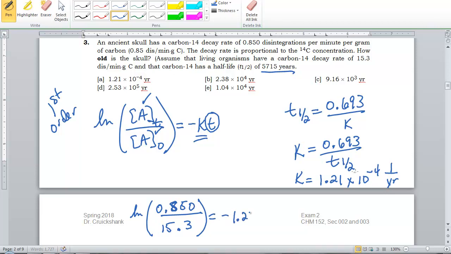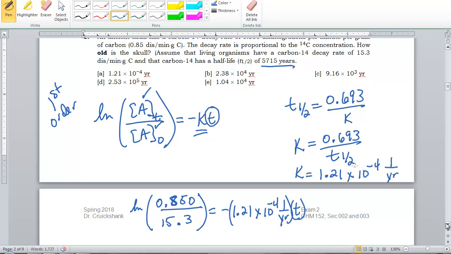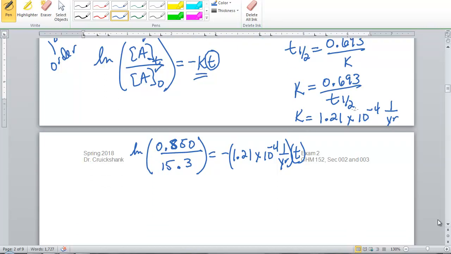We plug in our rate constant and solve for time. And we should get a time of about 2.39 times 10 to the positive fourth years.